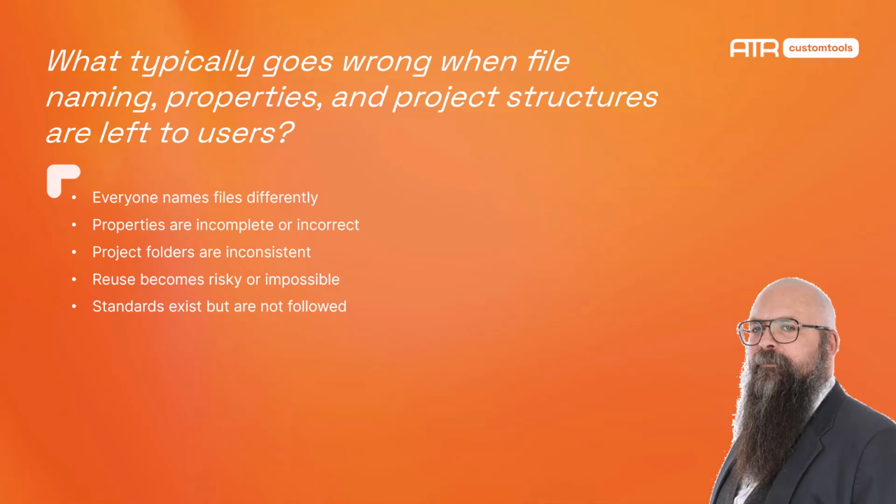Folder structures vary from project to project. It makes reuse risky, because you are never quite sure what you're reusing, and standards may exist on paper, but they're simply not followed in practice. Not because people don't want to, but because it's too easy to forget or if they interpret them differently.